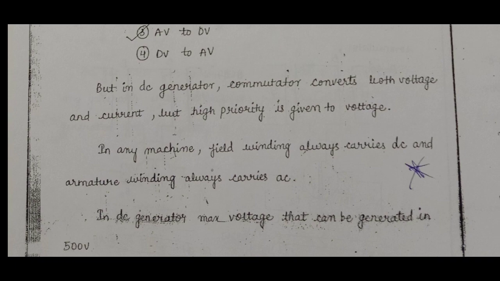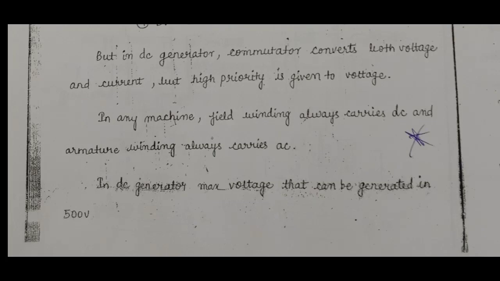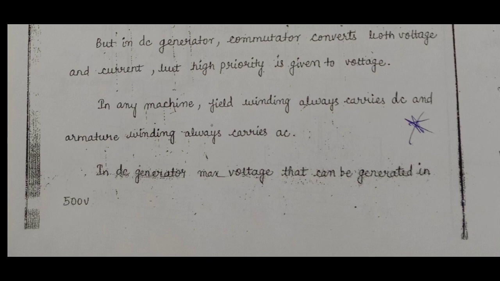In any machine, the field winding always carries DC and the armature winding always carries AC. Here, any machine means doubly excited machines only. In doubly excited machines the field winding always carries DC, but in a singly excited machine, like induction machines and transformers, the field winding or excitation supply is an AC supply.